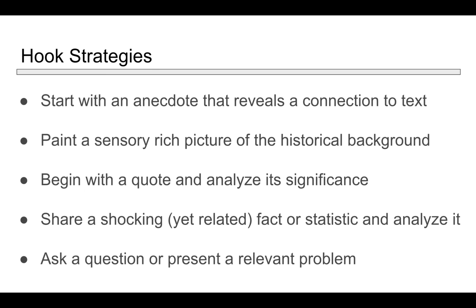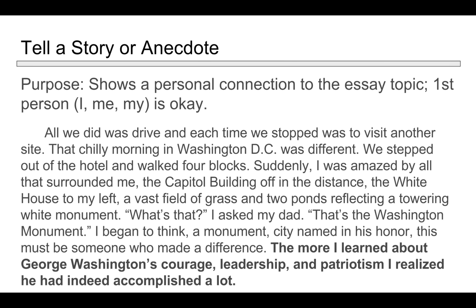The fourth strategy is to share a shocking or unusual fact and show how the fact is related to your topic by analyzing it. And the last one is presenting a question or even a series of questions, or presenting a problem to really get the reader thinking about your topic on a deeper level.